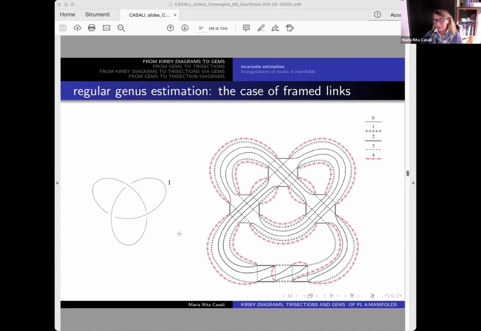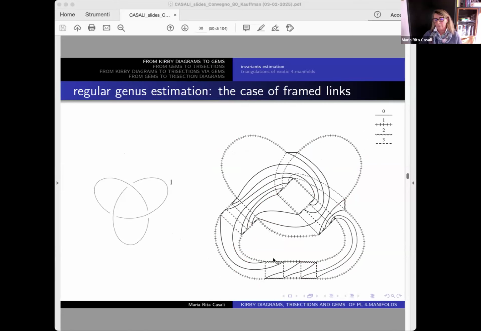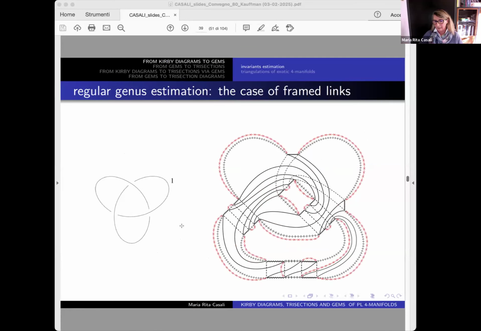Since no 1-handle appears, no dotted components, we can calculate the number M alpha. 2 is the number of alpha regions colored by alpha in a chessboard coloration of the trefoil knot, and hence, according to the statement, the 4-color graph may be transformed into this 4-color graph whose regular genus is 2, and the 4-color graph can be completed with color 4 in this way, and this is a gem of the associated 4-manifold with a regular genus of M alpha plus 1.